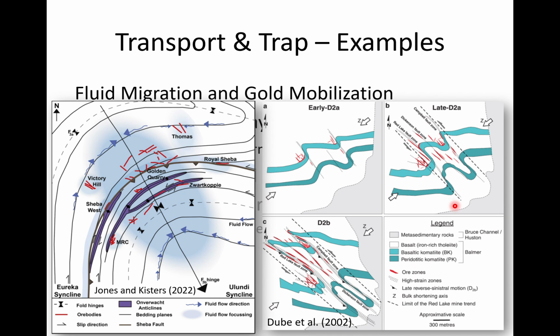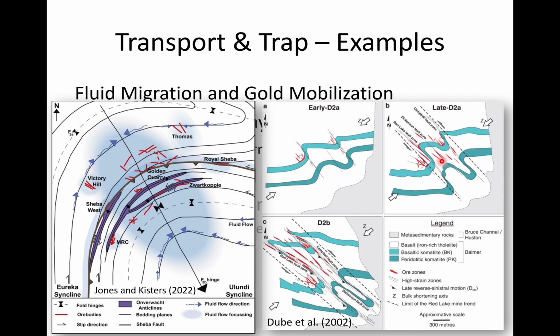The next stage is late D2A. Fluid flow intensifies here and traps form. We have transposition and boudinage. Boudin necks and fold hinges create open space ideal for fluid ingress, and vein thickening and dilation occurs at these localized structural positions.